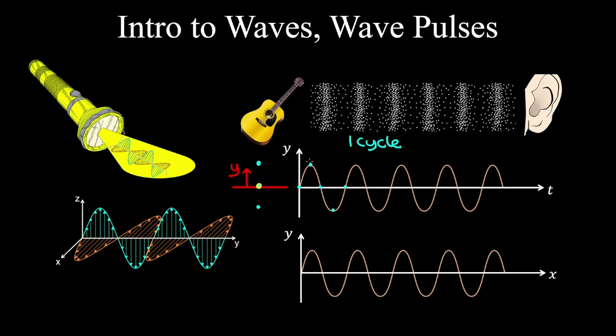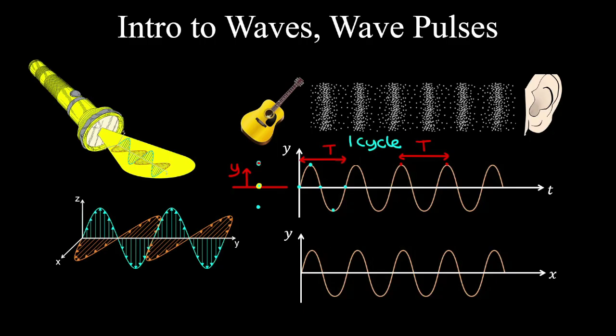And the time it takes to complete this cycle is called the period of the oscillation. And we can take the period from peak to peak. So for example, where the particle starts from this position and ends up back at this position is the same time that it takes to complete one cycle.